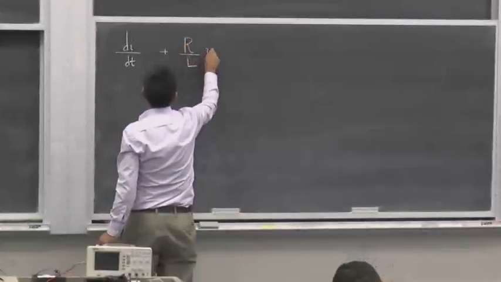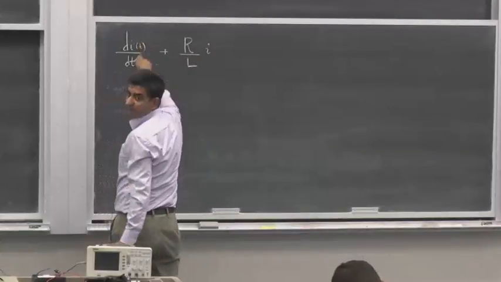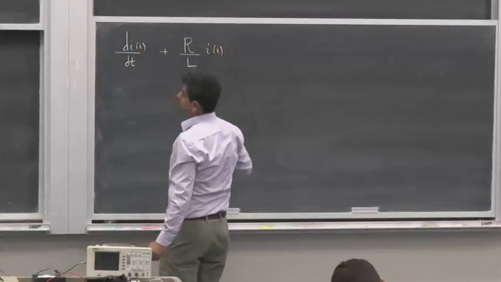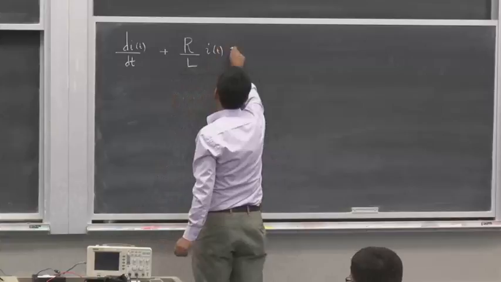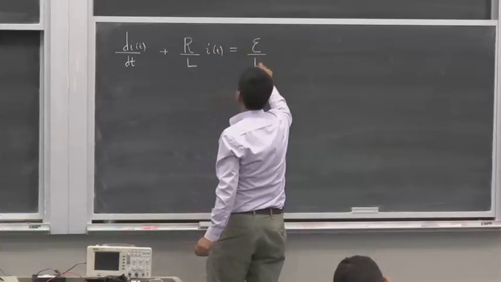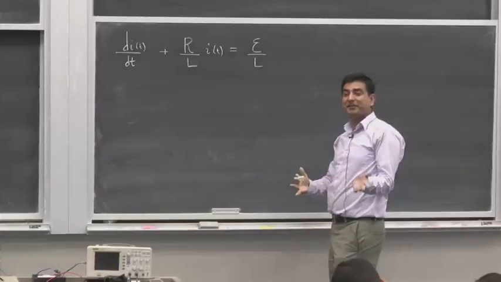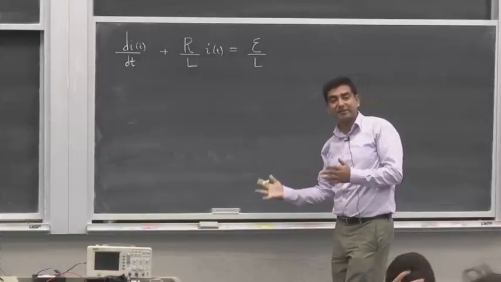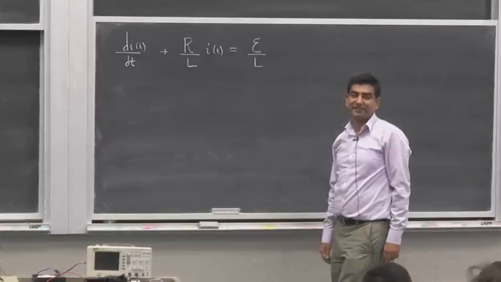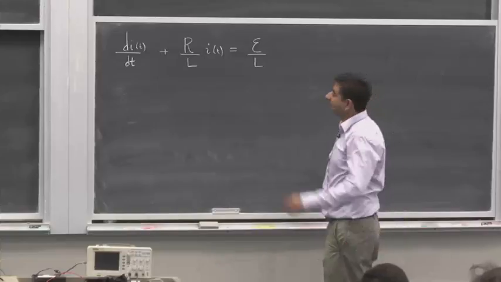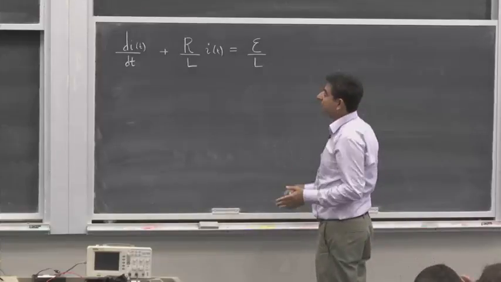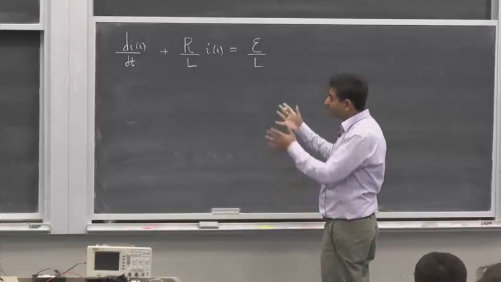Di by dt plus R over L times I equals the EMF of the battery divided by L. Now this is another differential equation. It's very similar to the differential equation we constructed for a capacitor, isn't it? The differential equation that we constructed for a capacitor was very similar to what we have here.